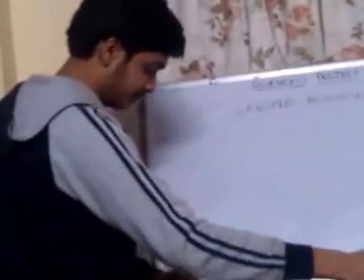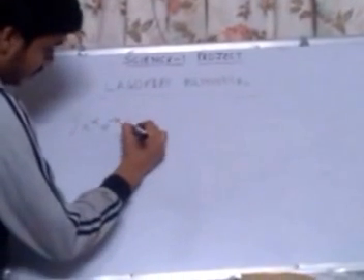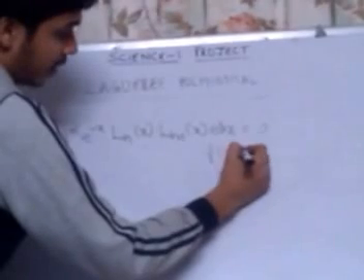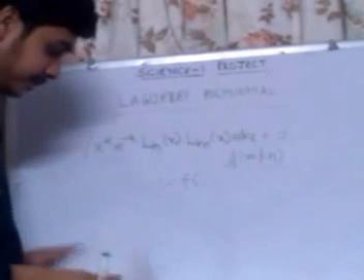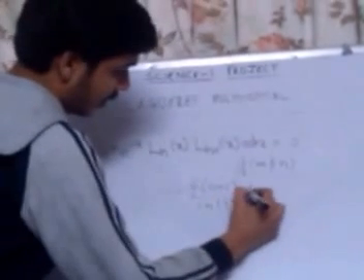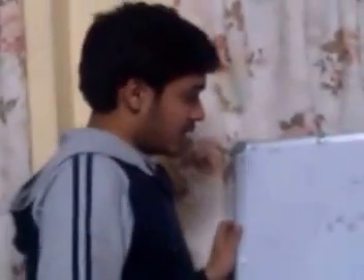That is, the integral is equal to 0 if m is not equal to n, and is equal to gamma of n plus alpha plus 1 by n factorial if m is equal to n.